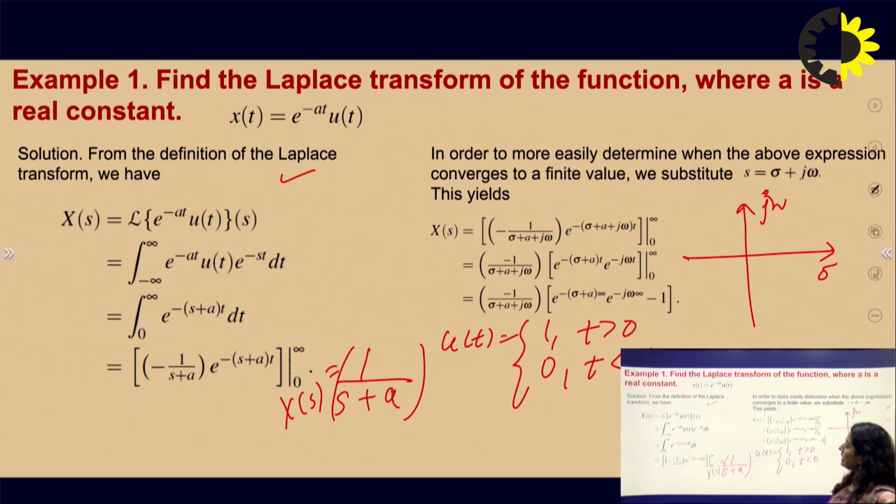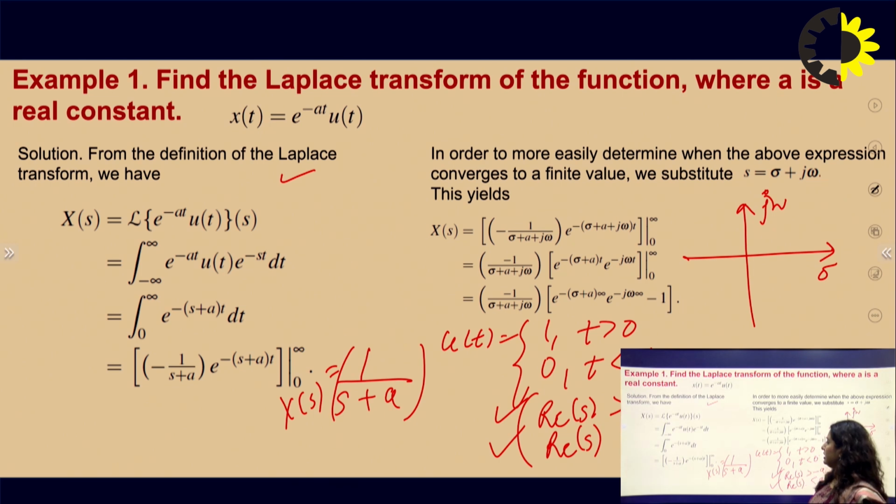So how do we decide whether the ROC is real of s greater than minus a or real of s less than minus a? Also, the ROC always exists in terms of real values of s, not imaginary values of s. We cannot write s greater than minus a, because s contains both the real and imaginary parts. So we have to write specifically real of s greater than minus a.